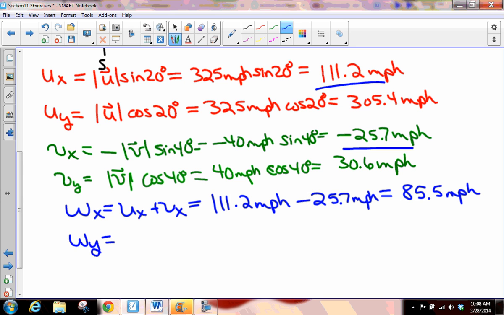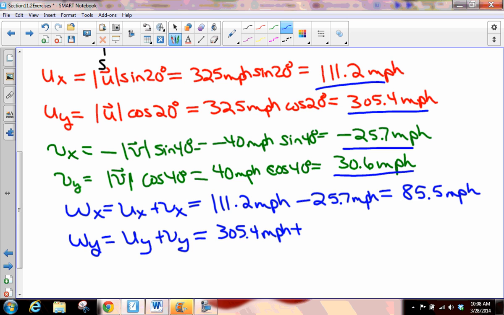And the y component is going to be uy plus vy. And uy was 305.4 miles per hour. And vy was 30.6 miles per hour. And this is going to give me approximately 336 miles per hour.